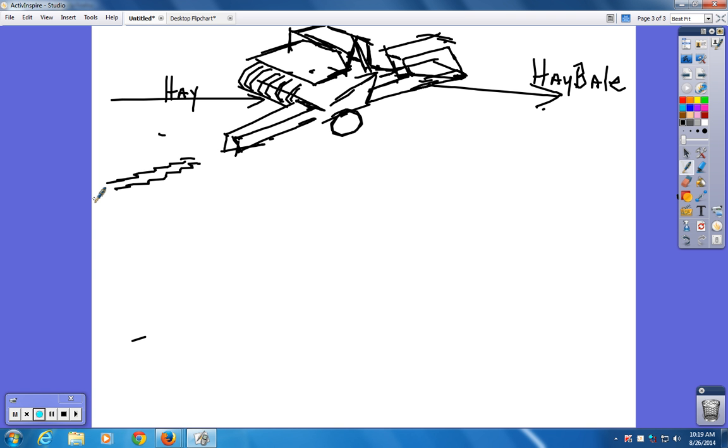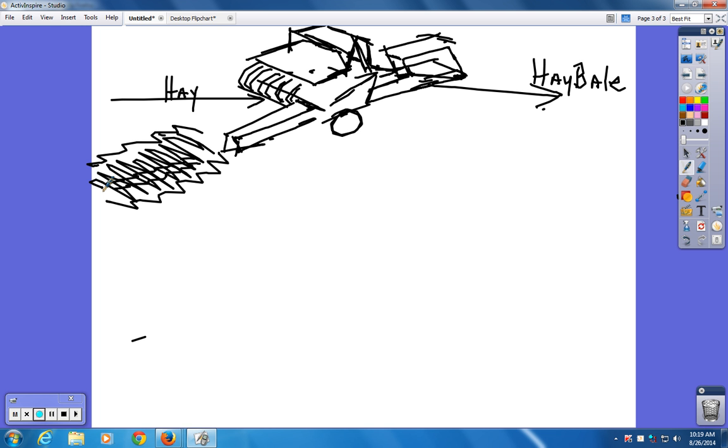Not many. But if my windrow looks like this, and I've got a lot of hay in there, then what am I going to get? I'm going to get a lot of hay bales. Okay?